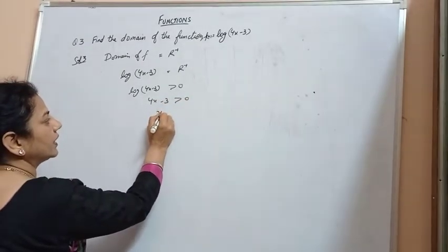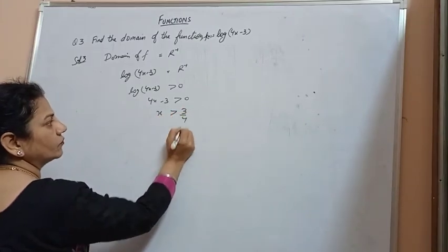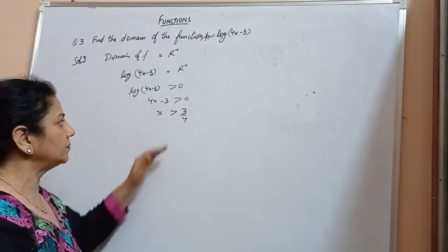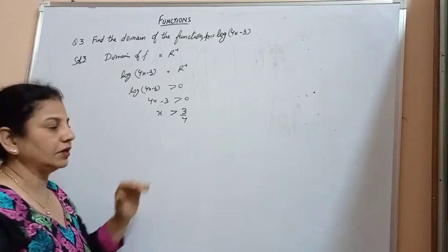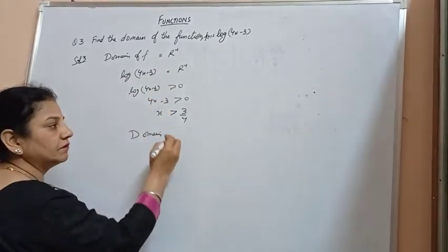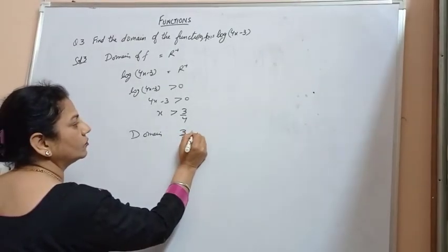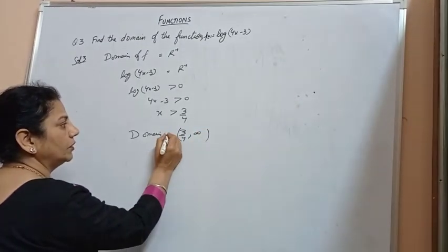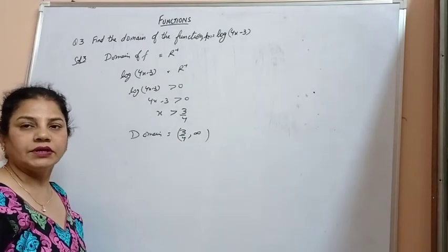From here we get the value of x greater than 3 by 4. So the domain of this given function is 3 by 4 to infinity.